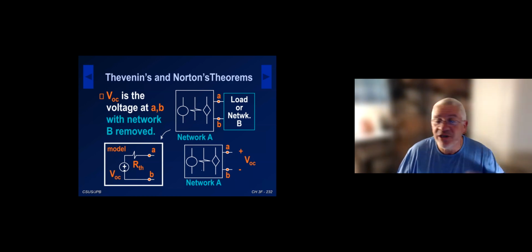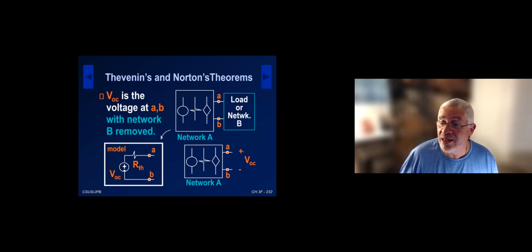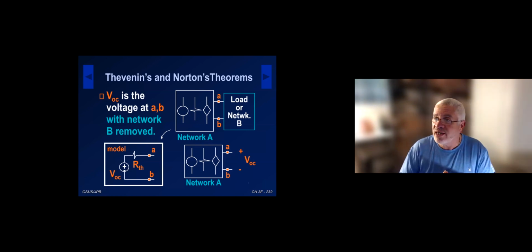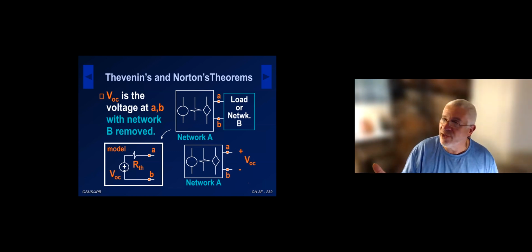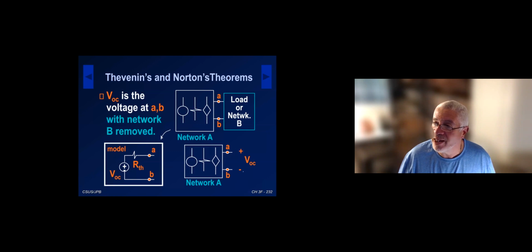So we find VOC by simply looking at the open circuit voltage across A and B. So VOC is the open circuit voltage across the circuit you want to model without the load being present. Okay. So network A is what you want to do a model for. You simply find the open circuit voltage across A and B. And we are going to be doing so using mesh or nodal analysis.